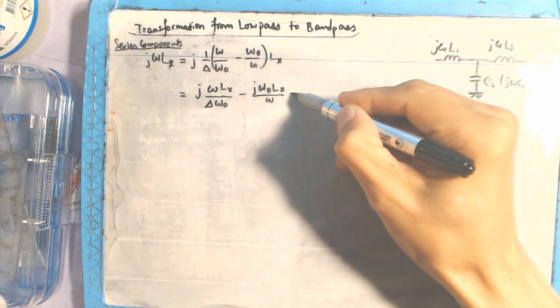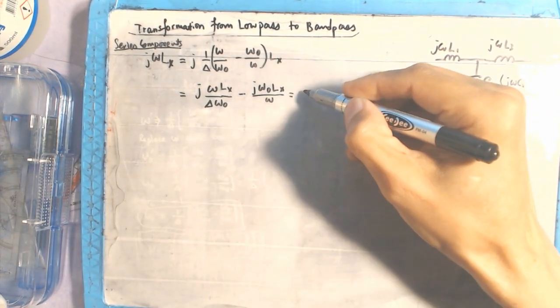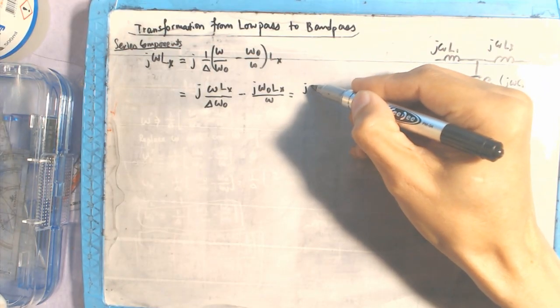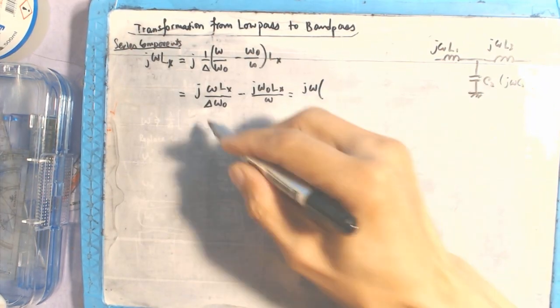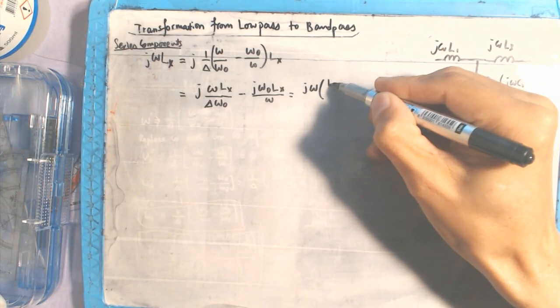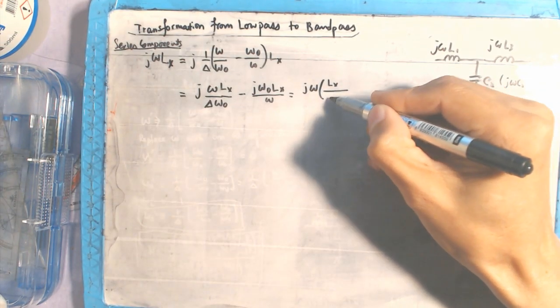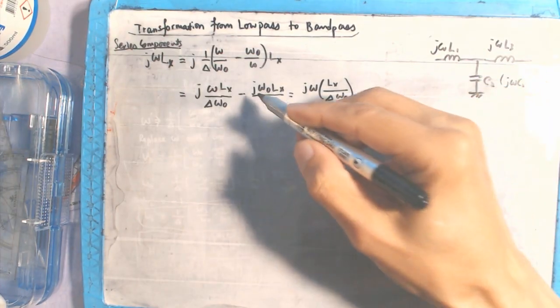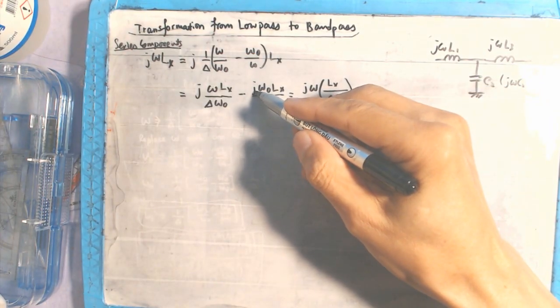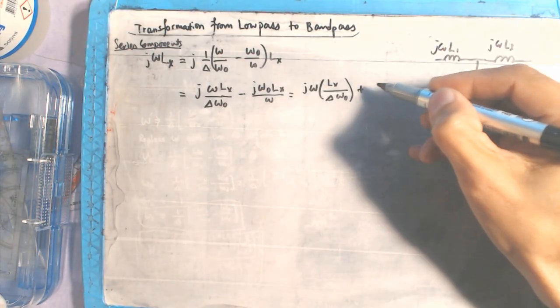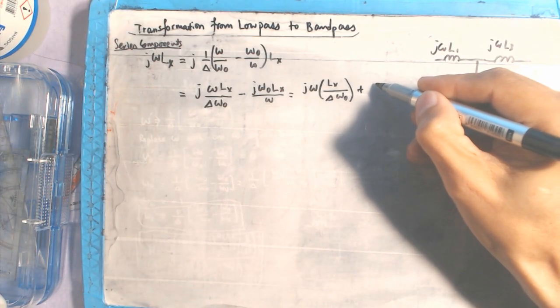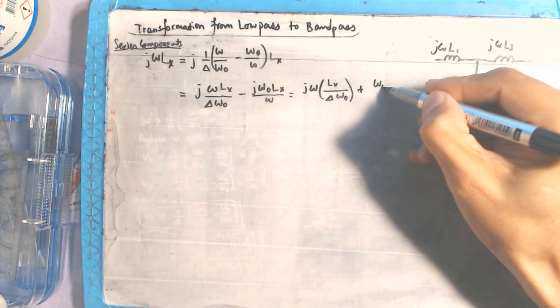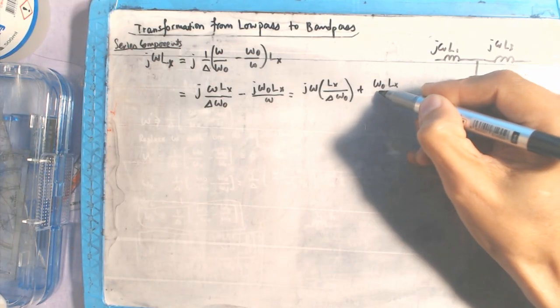This one can remain unchanged. Omega, and then I'm going to bracket this. And how about here? We'll move the J to the bottom so that it becomes plus. And then omega naught Lx, and then J omega.